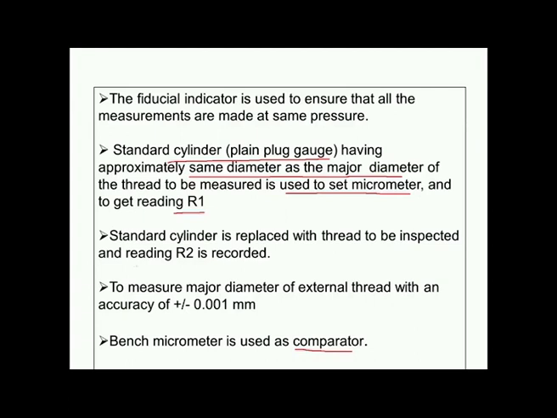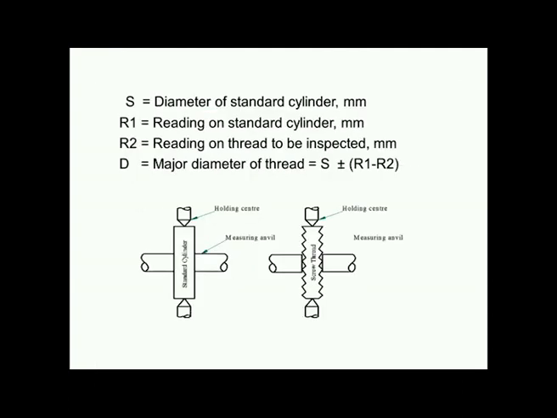Using this bench micrometer, it is possible to measure the major diameter to an accuracy of plus or minus 0.001 millimeter. Such a fine accurate measurement is possible with the bench micrometers.